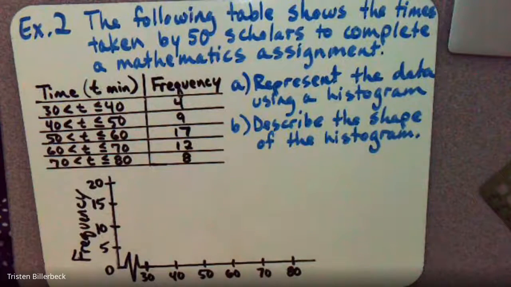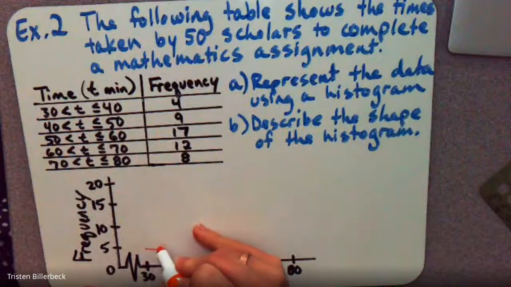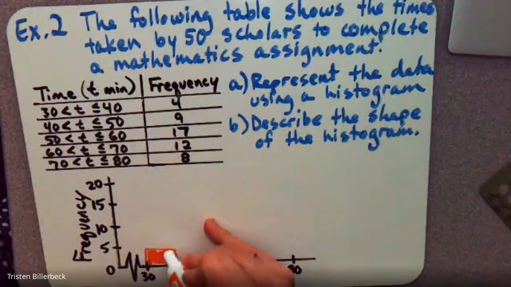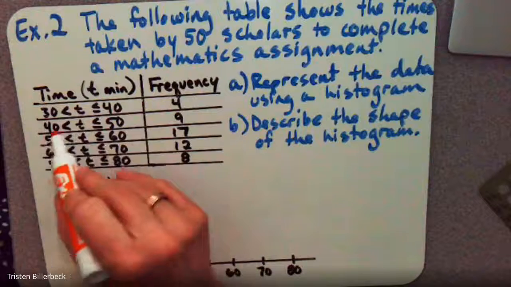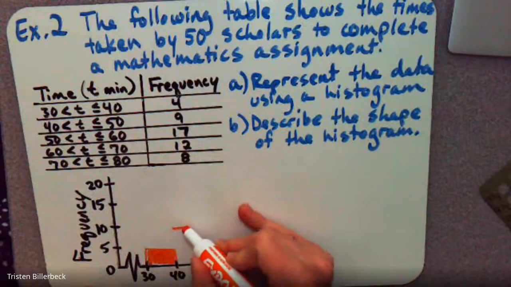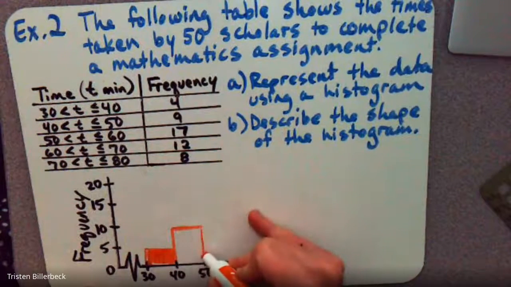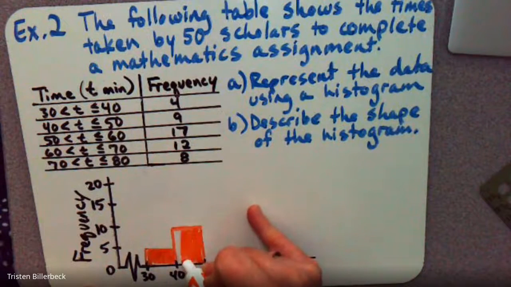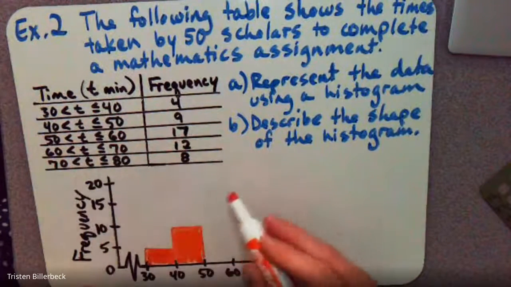All right, so let's look at our data. So for the time period between 30 and 40, we see we have 4 people, so we'd represent about 4 right here. Okay, between 40 and 50, we see we have 9. Okay, between 50 and 60, we have 17.